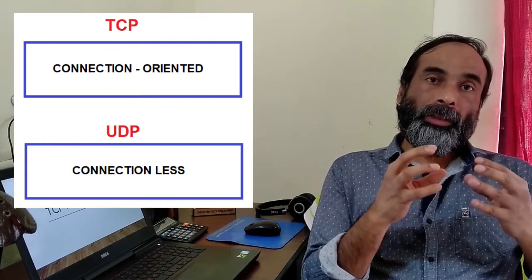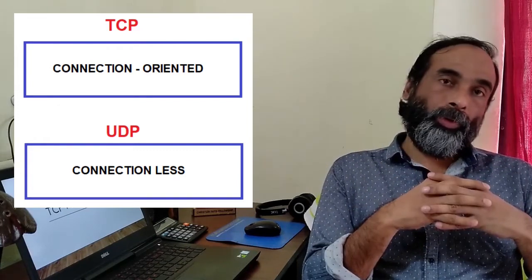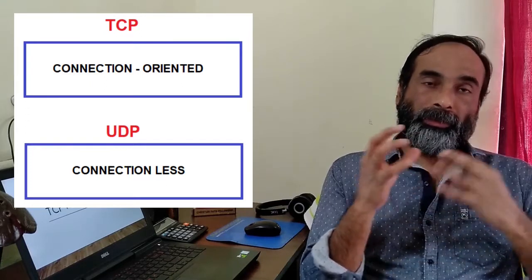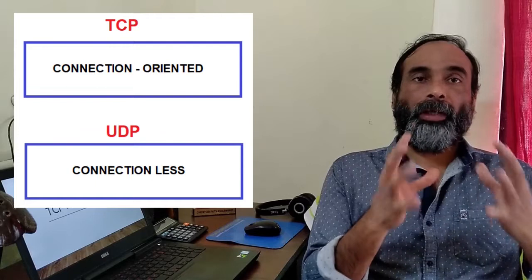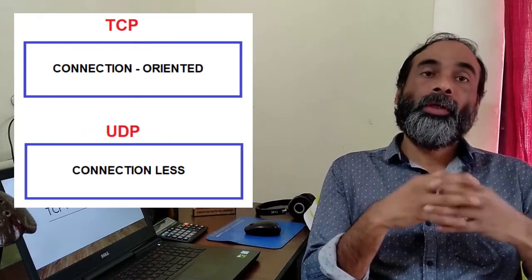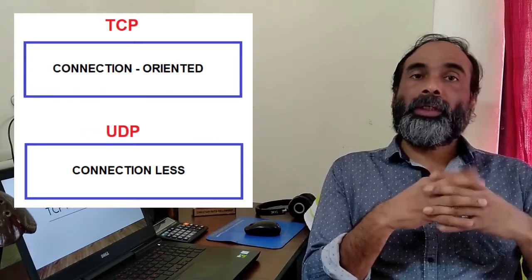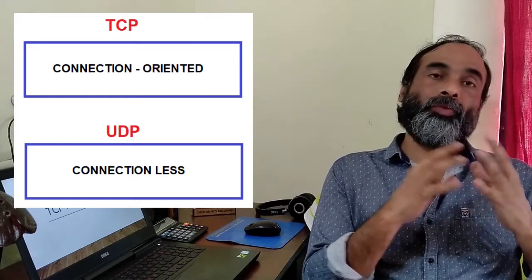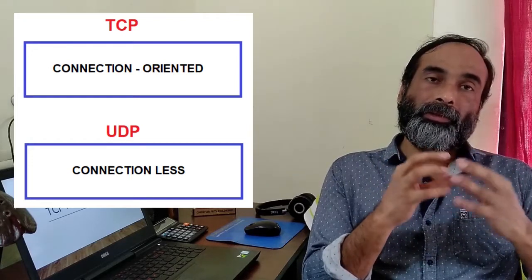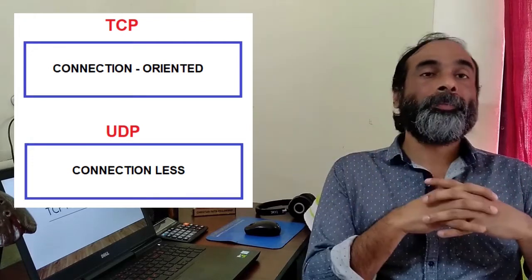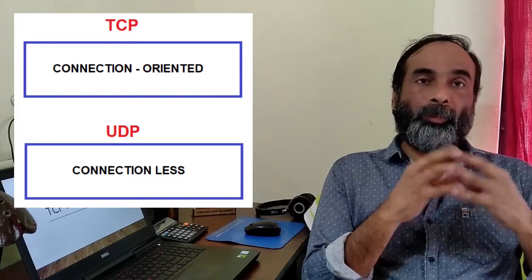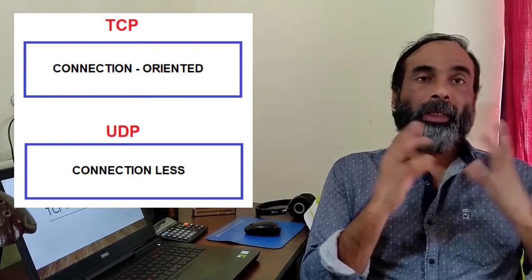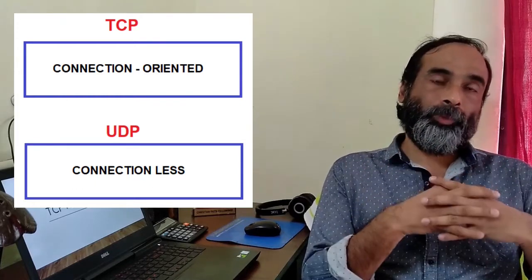It doesn't care about whether the receiver is ready to accept the data or packages or not. As soon as it receives the data from its upper layers, it sends this data to the receiver. It doesn't care about whether the receiver is ready or not to accept those files.